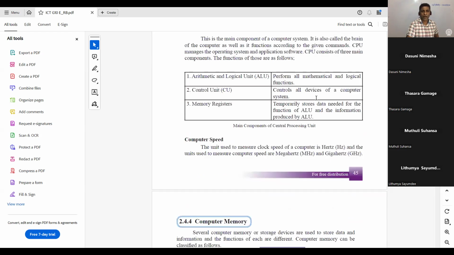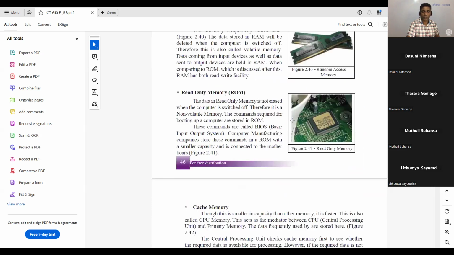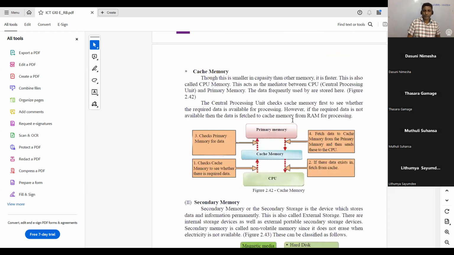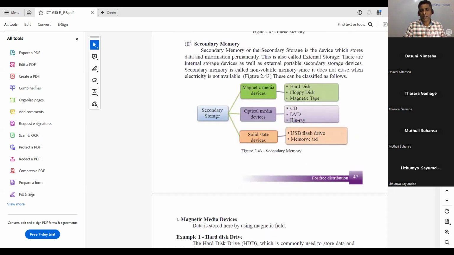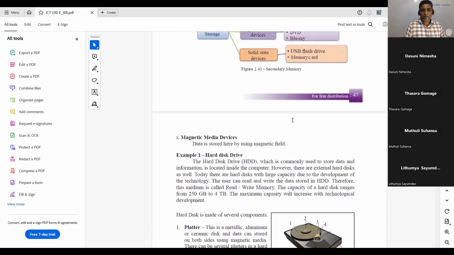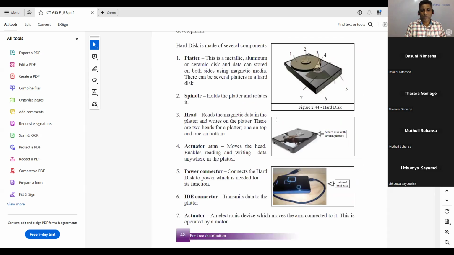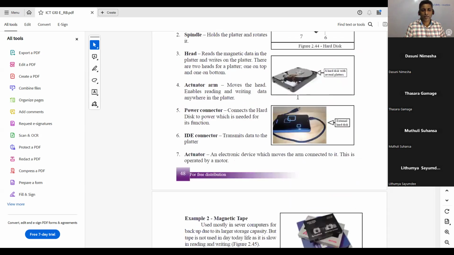Again, we have to discuss the CPU and the computer memory. This is a new thing: they have introduced the cache memory function. I'm just going through the lesson. Then the secondary memory and some hardware devices: how the hard disk works, what's inside the hard disk.